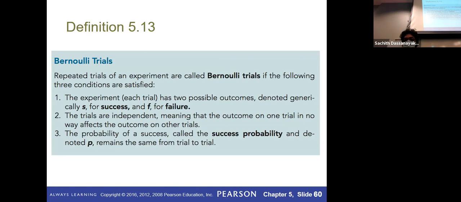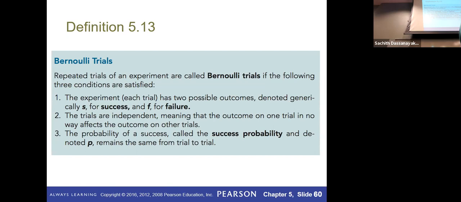Okay, good morning, guys. Last day I was talking about Bernoulli trials, which have three conditions. If we consider one particular trial, it has only two outcomes: success or failure. Success or failure depends on our problem, or how we define success or failure.